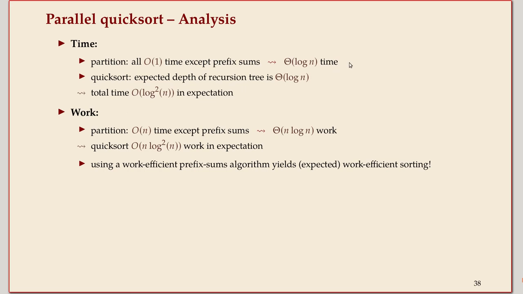That's for one partitioning step. One partitioning step is logarithmic time. But the whole sorting does a whole bunch of those partitioning steps. And for the parallel time, you have to look at how many of them you cannot do in parallel.